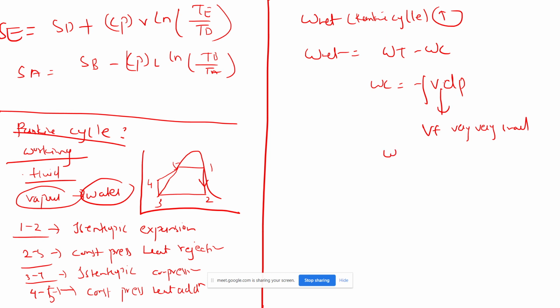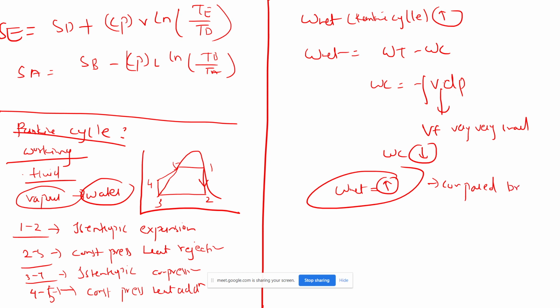So compressor work decreases, and net work increases in case of the Rankine cycle compared to the Brayton cycle. Because in Brayton cycle or gas turbine, here V is of gas, and it is not negligible, it is very high. That's why compressor work is also high.